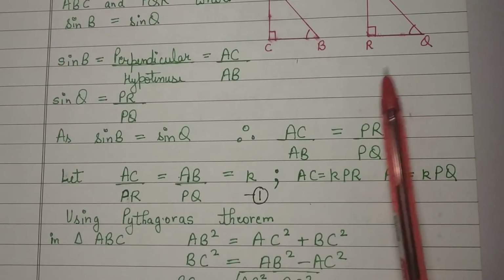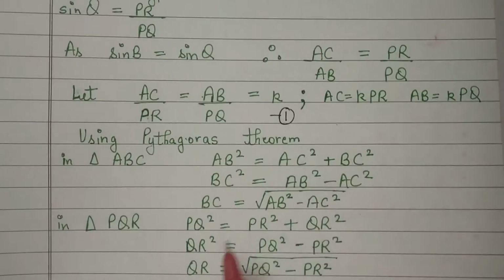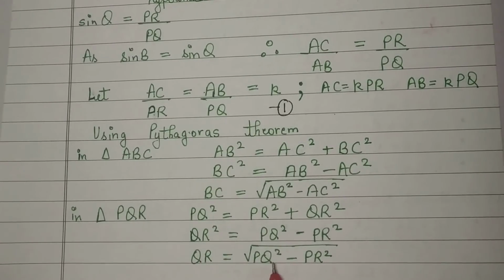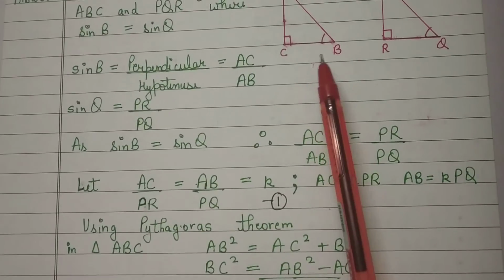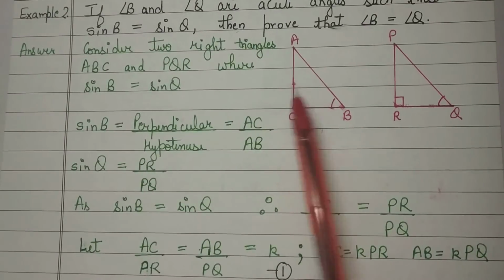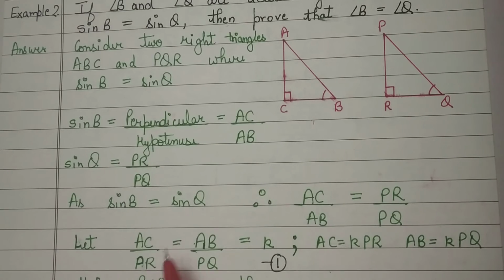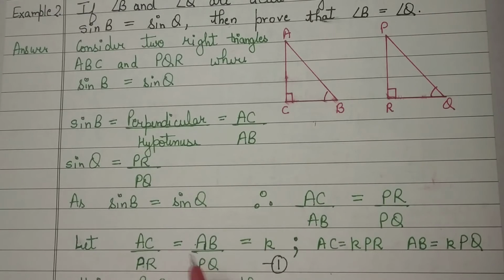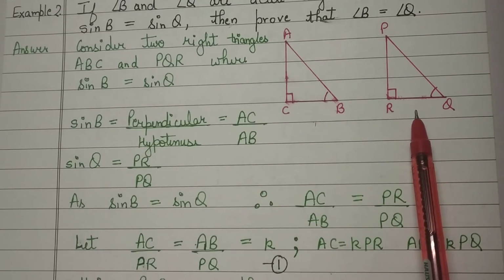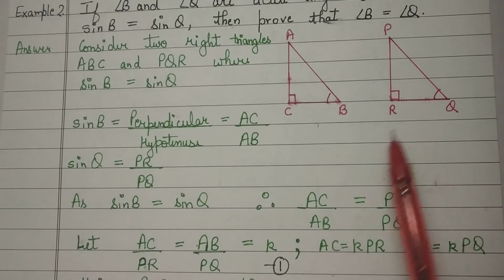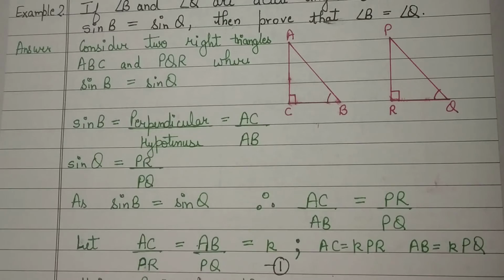Now in this also we need this side. So QR square is equal to, I have taken QR square on one side and taken its value. Now we need BC by QR, because AC by PR and AB by PQ I have got. Here it is written. What is left? BC by QR. If I prove this as K only, then the ratio of all the sides of these two triangles will be equal.